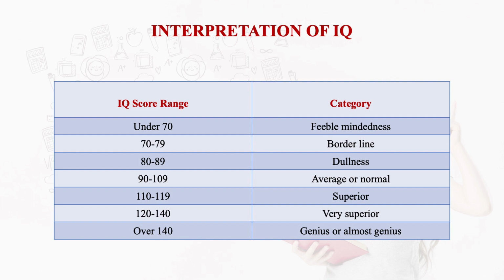If it is 90 to 109, it is in the category of average or normal. If it is 110 to 119, then it is the superior category. If it is 120 to 140, then the very superior category. If it is over 140, then you can say that the child is a genius or almost genius.